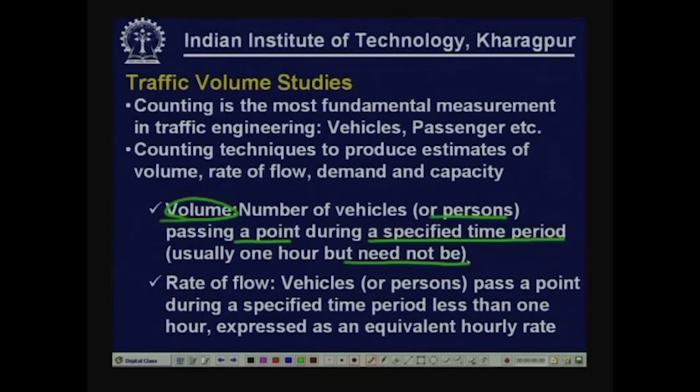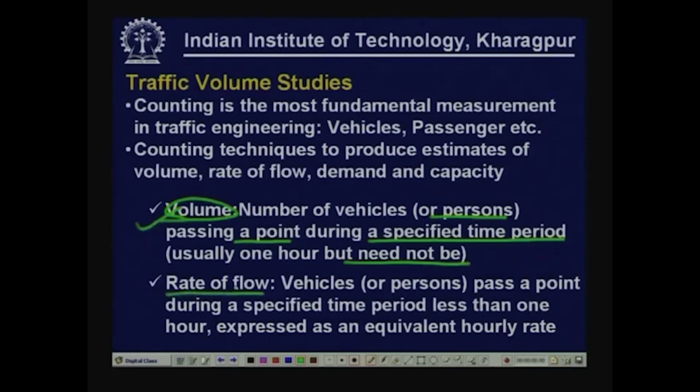That means, during a period of time, it may be 15 minutes, it may be half an hour, it may be even 60 minutes or 1 hour. How many vehicles or persons are passing a point during that time period, that is known as volume.